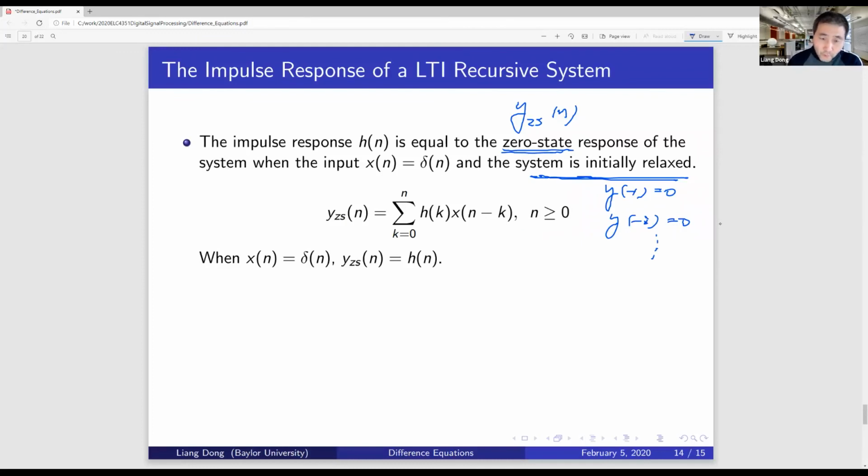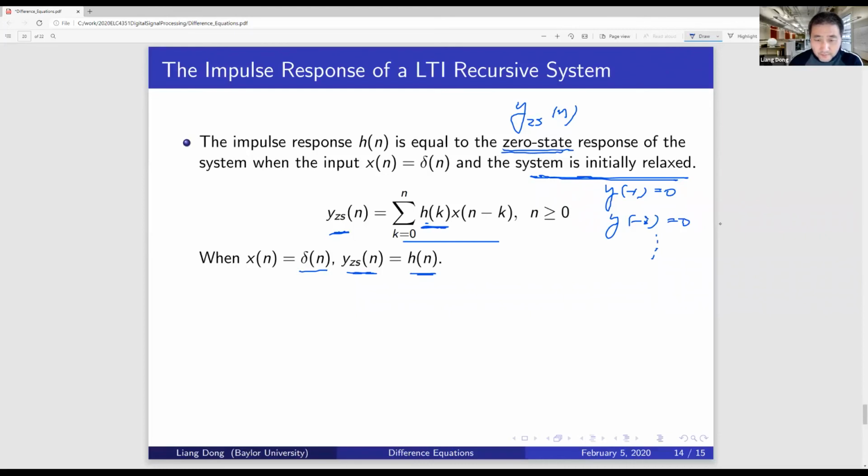So with that equation, the zero state is given by this difference equation. When the input is the delta, the output is simply this Hn, the zero state is the impulse response.